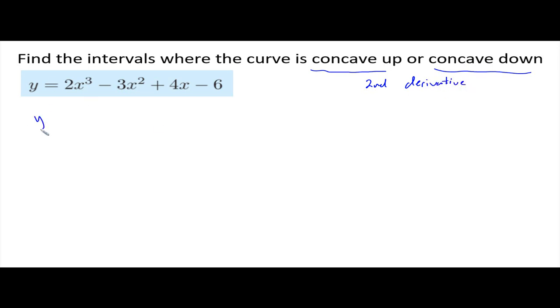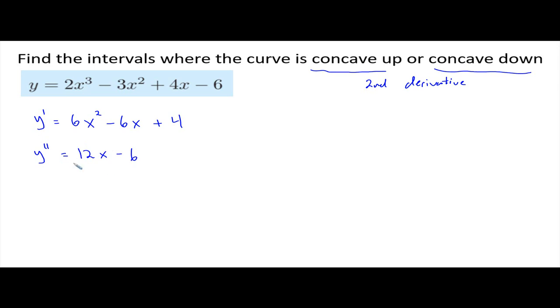So let's find the first derivative. y prime is equal to 6x squared minus 6x plus 4. That's the first derivative. So the second derivative, y double prime, is equal to 12x minus 6.